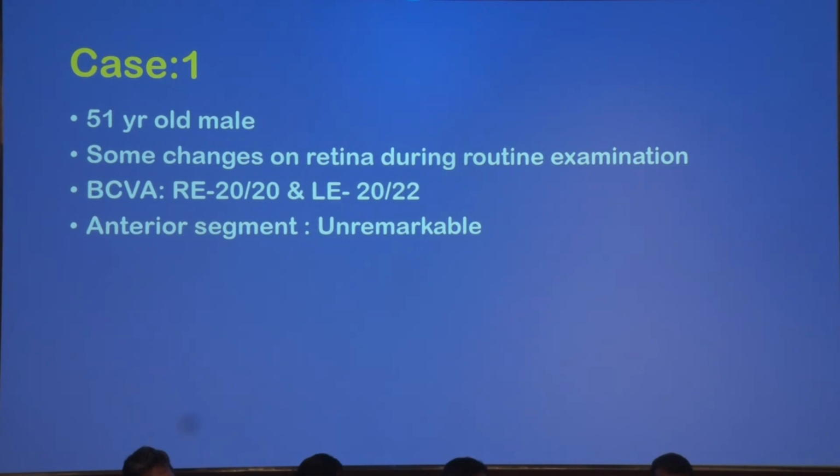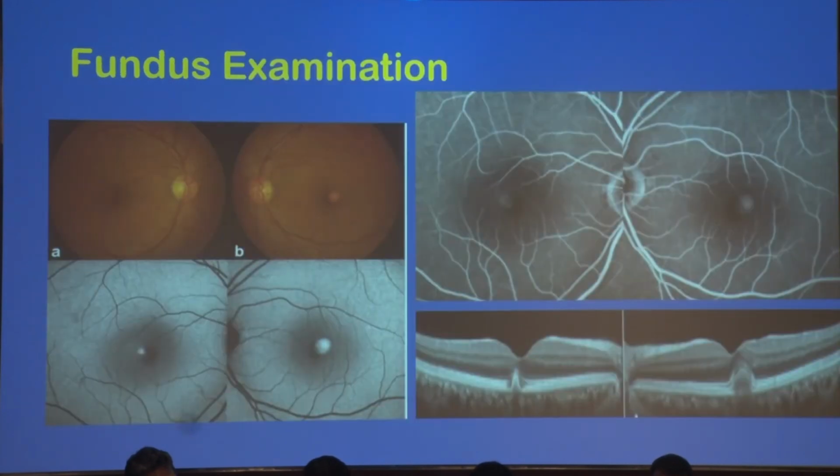This was a 51-year-old male. He came with blurring of vision, and his vision was 20/20 in the right eye and 20/22 in the left eye. Anterior segment was unremarkable. And this is the fundus examination. You can see there were a few drusen, and subretinal deposits were seen in the fundus picture, and the FAF was showing hyperautofluorescence in the fovea, and FFA was not showing much leakage, only a mild window defect, and this is the OCT.